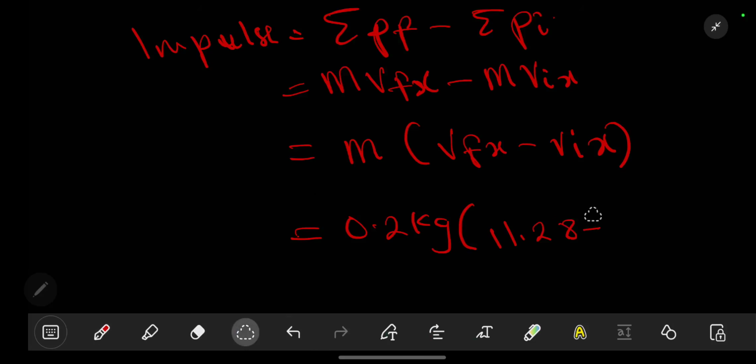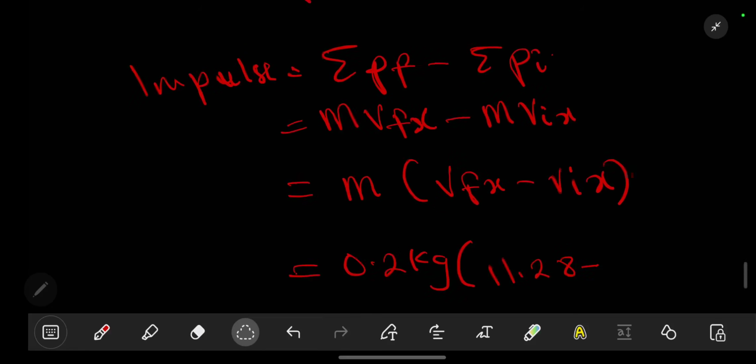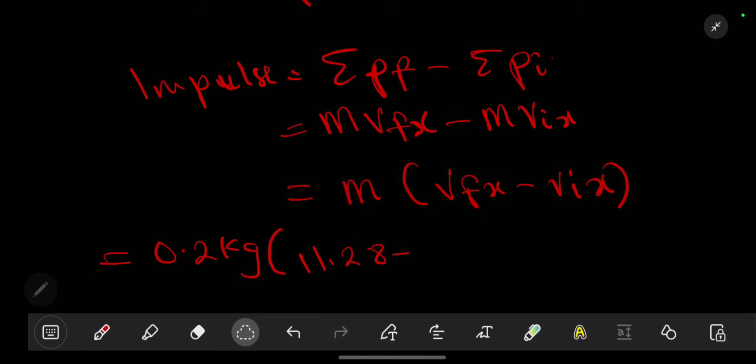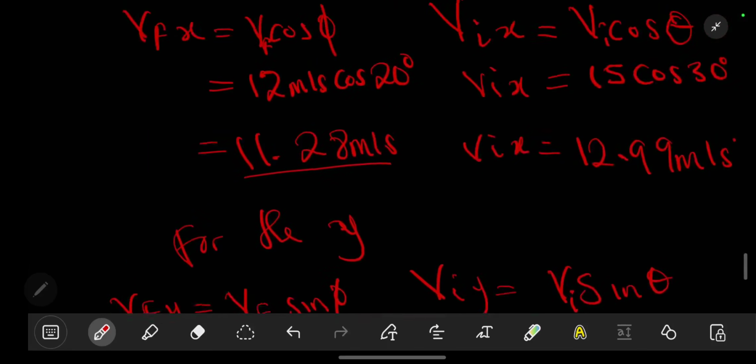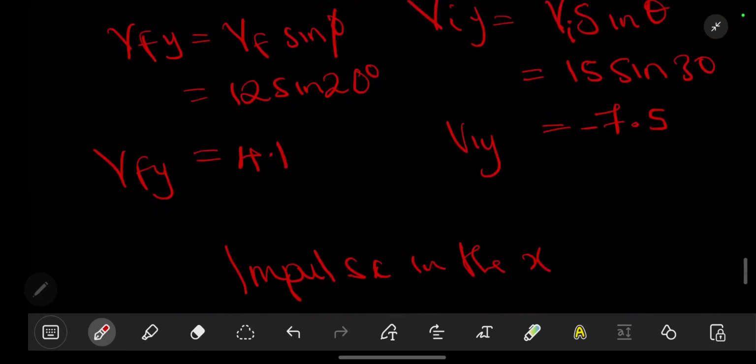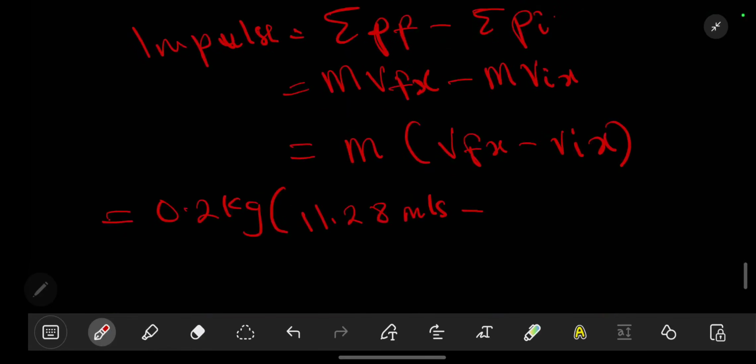let me move this a bit, 11.28 meters per second minus the velocity initial in the x. Velocity initial is 12.99. So we have minus our 12.99.